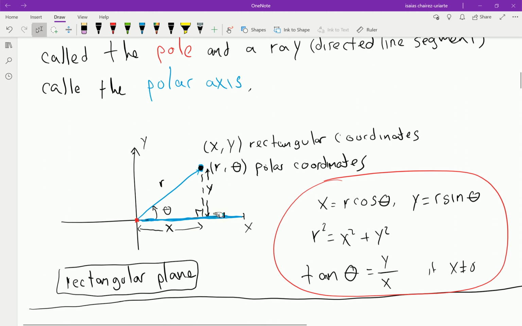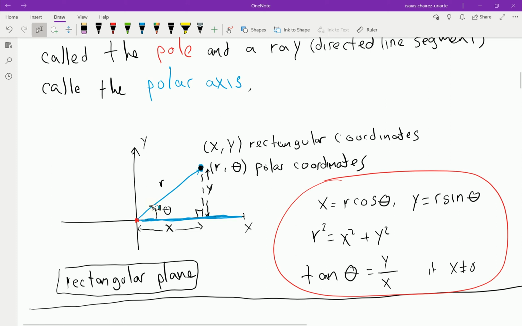And if we want to describe a point on the plane, we have a couple of ways of doing so. Here I have a point on the plane. Its rectangular coordinates, what we're used to, is just x, y. But another way to describe this point is by giving a radius, how far away I am from the pole, and an angle theta.